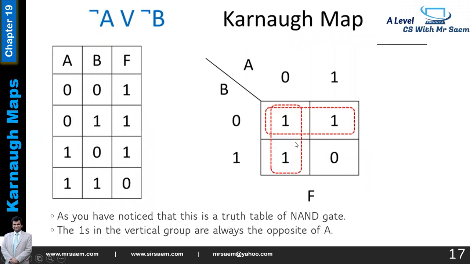And if you look at this one, it's the opposite of the first one. You might have noticed that the truth table of this is of a NAND gate. You can see it's a NAND gate.